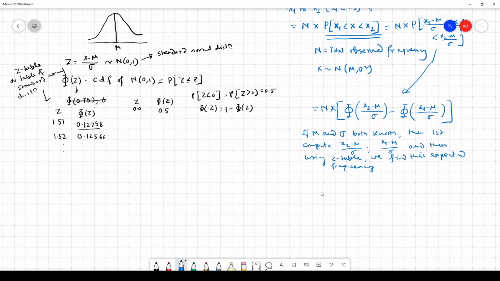If mu and sigma are unknown or not specified, then we estimate them.